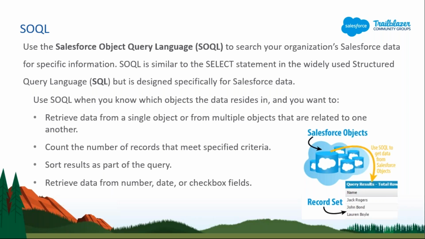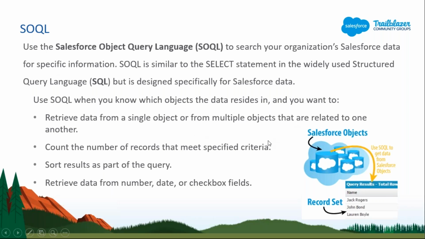So we must know the name of the object, and we must know the relation if we are going to fetch records from related objects. And we can fetch the count of the number of records, how many records there are. We can sort in this SOQL query, and we can retrieve data of any type: number, date, checkbox, anything.